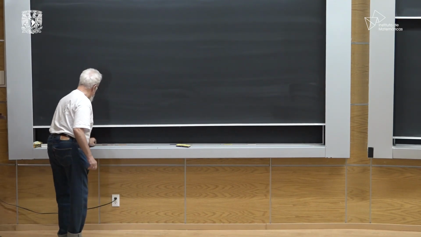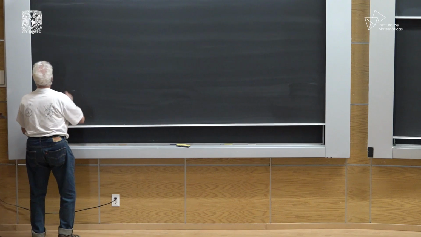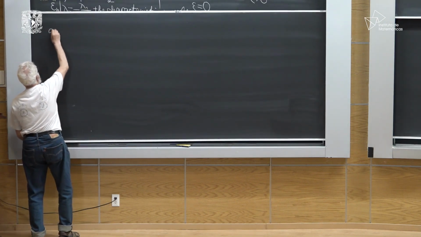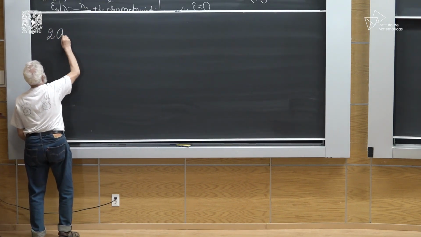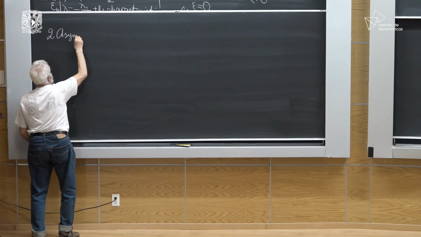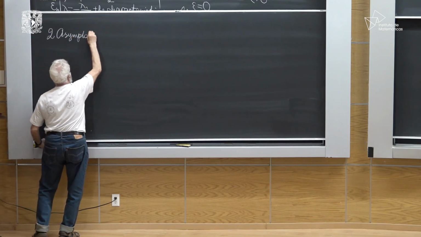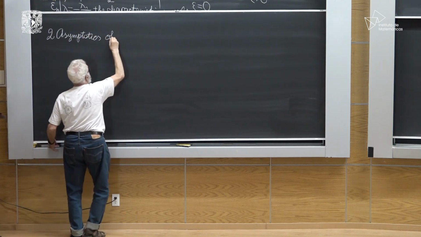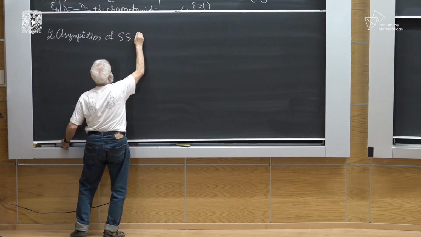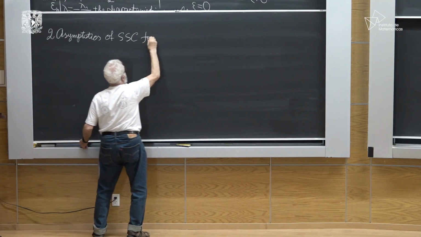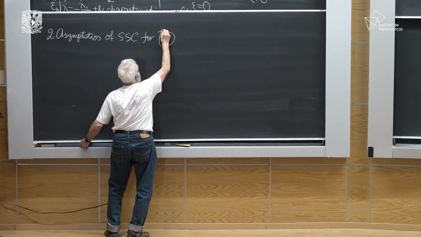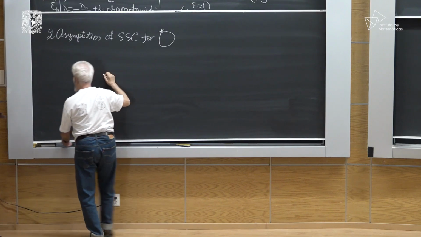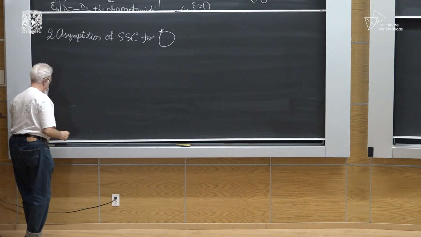So, asymptotics of sparkling saddle connections for the saddle loop. It is the following.